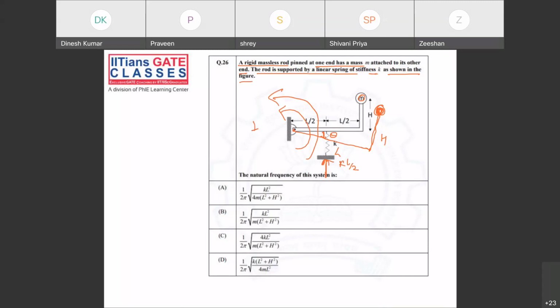And what is the inertia? We all know inertia is I theta double dot. Now this K L by 2 into this moment arm L by 2 will give me the restoring moment, which will be K (L by 2) square.